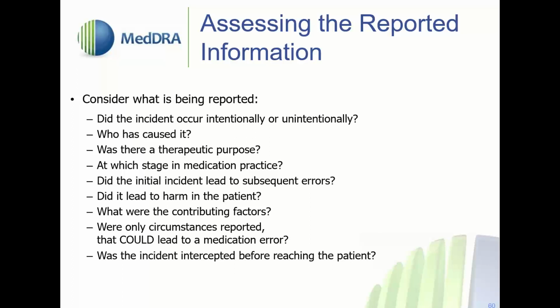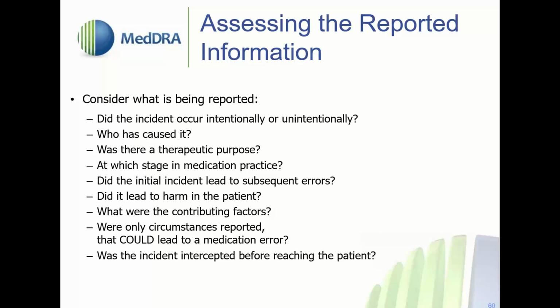So at first we will have to assess the reported information when dealing with medication error type terms, right? These are some questions you can ask yourself. So first check for the 3 criteria for classification, right? Did the incident occur intentionally or unintentionally? Who caused it? Was there a therapeutic purpose? Then check at what stage the error occurred, right? Where did it occur? And whether it led to subsequent errors and even harm in the patient.